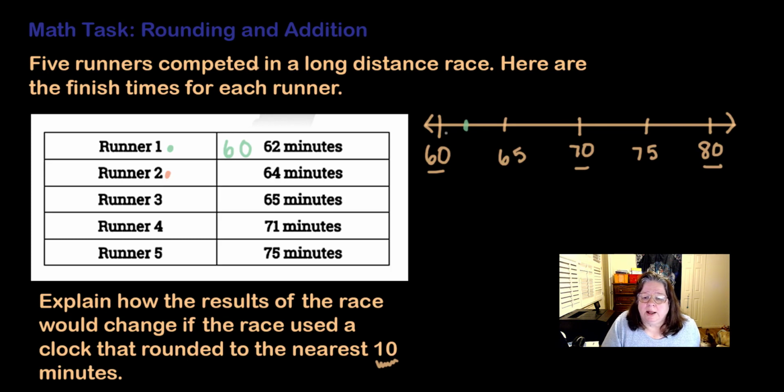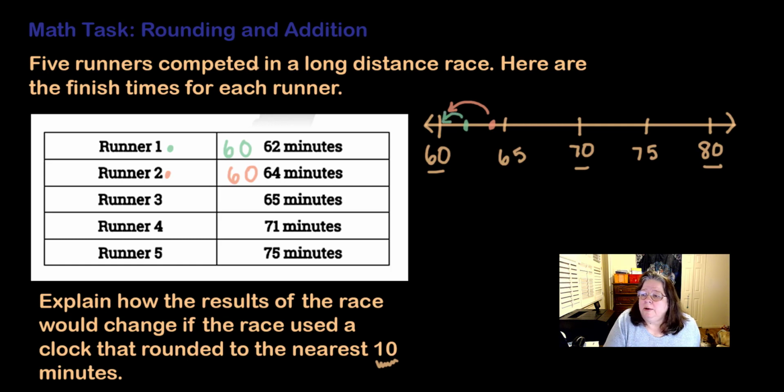Let's try plotting that. 60, 65. Well, I know 64 is less than 65, so that's probably about here. It's still below the halfway point between 60 and 70, so that's going to round to 60. And I think I should put that arrow for the green one as well.